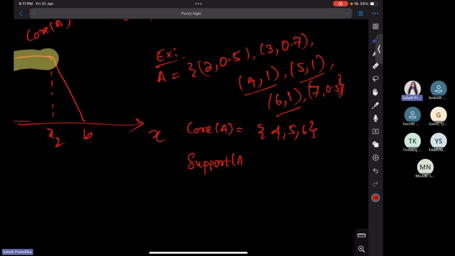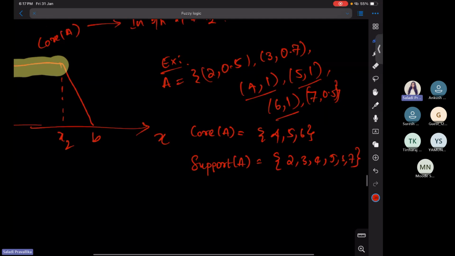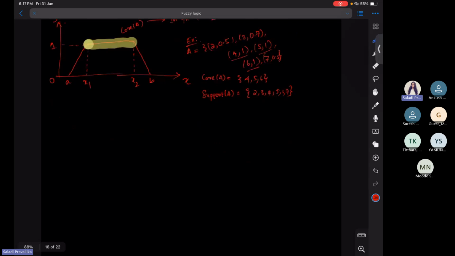So support of A is where the membership function should be non-zero. In this given set A, we have all the numbers as non-zero. Hence, the support of A is 2, 3, 4, 5, 6, and 7.